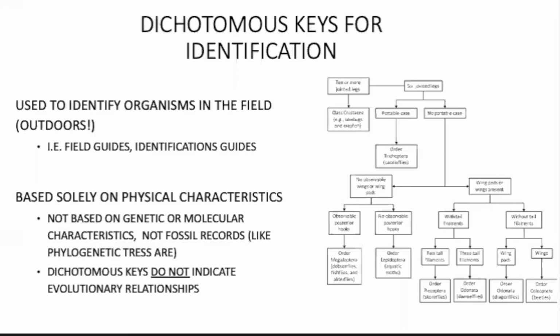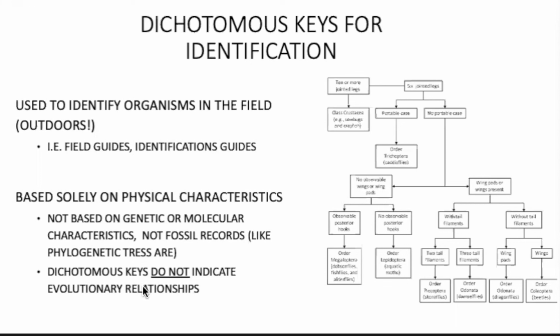So now on to dichotomous keys. Dichotomous keys are going to be extremely helpful tools that we use in biology, not just in this class, but in your future biology courses, especially if you're going to go the eco route. They're really helpful for field biology and using them to identify organisms in the field, outdoors.